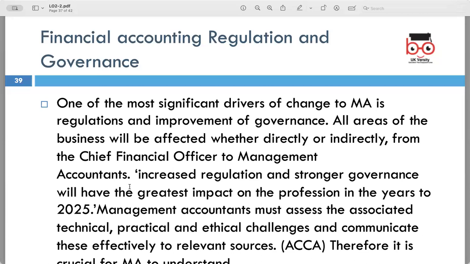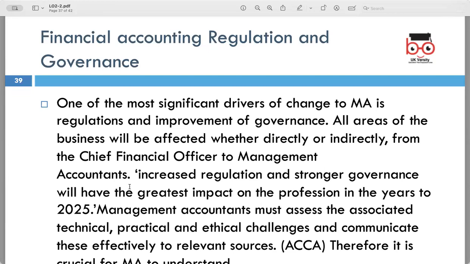Communications between the chief financial officers and management, those who audit money. Over the next few years, the most significant influence on the profession will come from increasing regulations and strengthened governance.